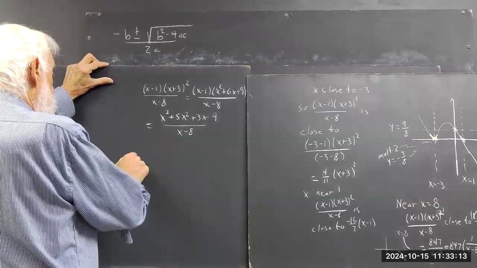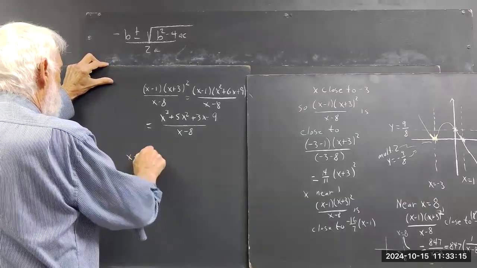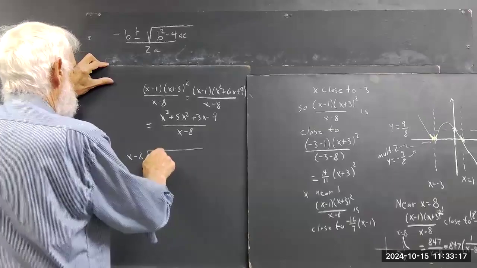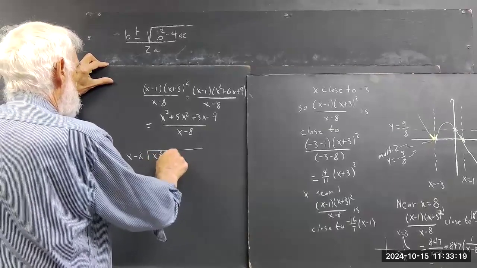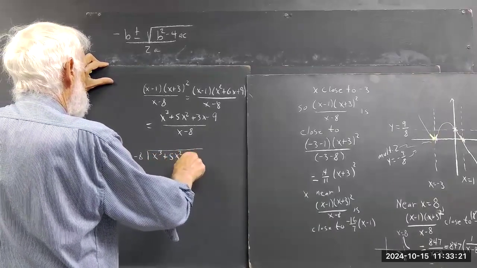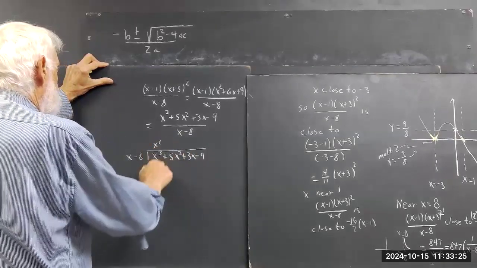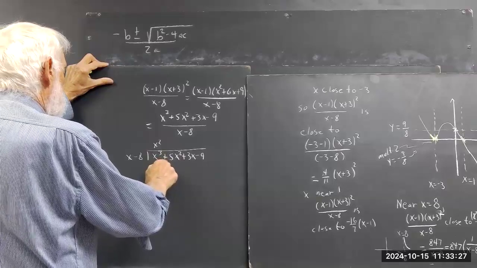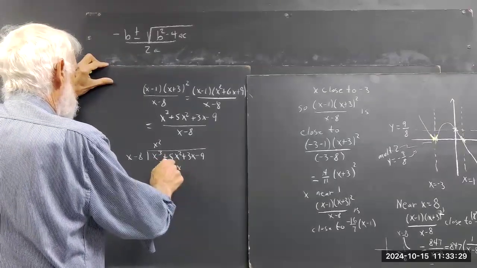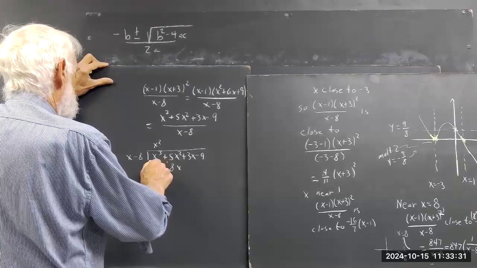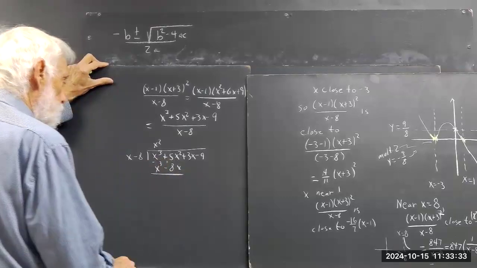If you do long division, you're going to get an x squared here. You're going to get an x cubed minus 8x squared. A little plus sign there and a little minus sign there to remind you what you're doing.